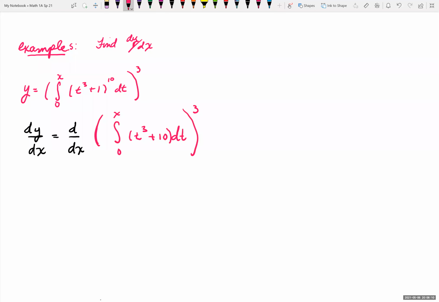So when I take this derivative, notice that I'm going to need to use the chain rule. So we think of that outer function to be this quantity cubed.